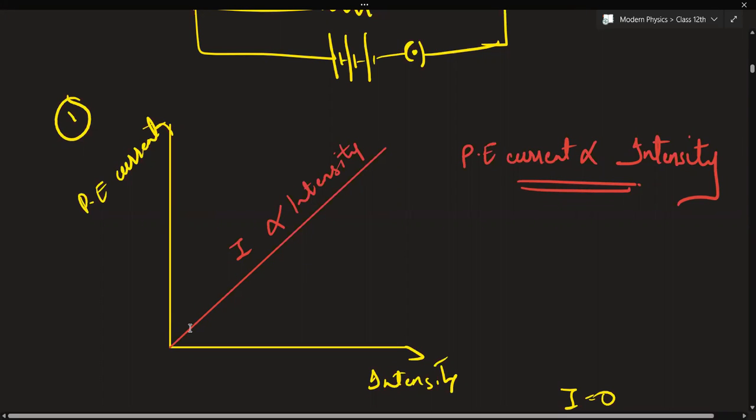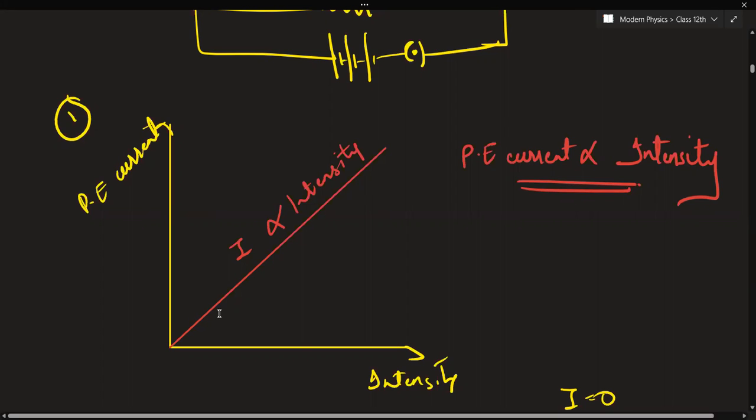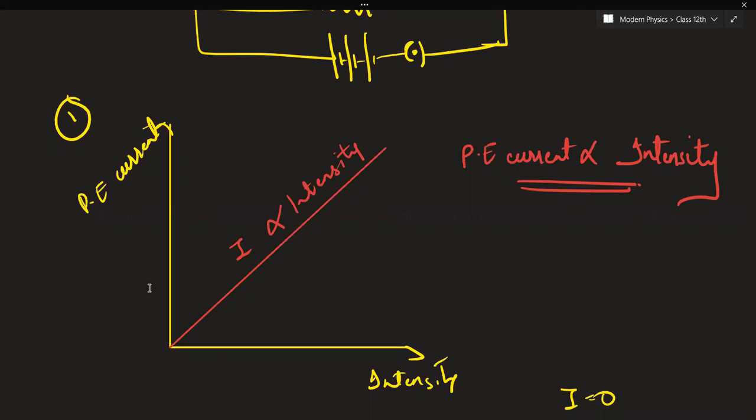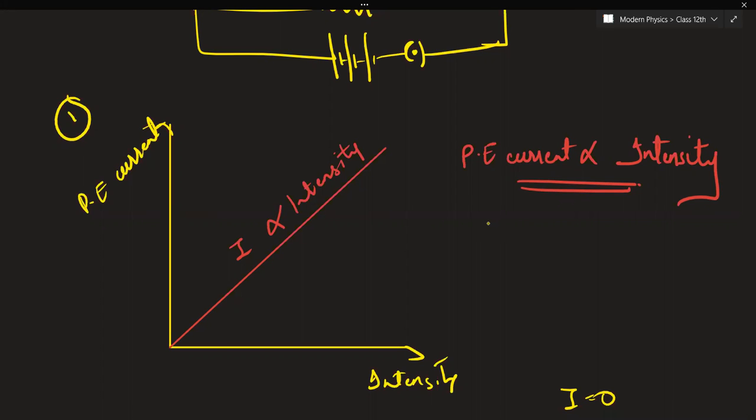As you increase the value of intensity, photoelectric current increases by the same amount. Even if it is increasing by a smaller amount, it is also increasing by a smaller amount. So it increases linearly. Since the photoelectric current is directly proportional to the number of photoelectrons emitted per second, this implies that the number of photoelectrons emitted is also proportional to intensity.